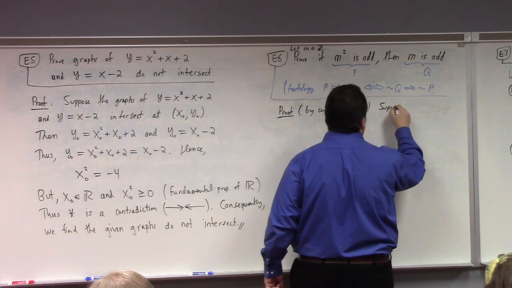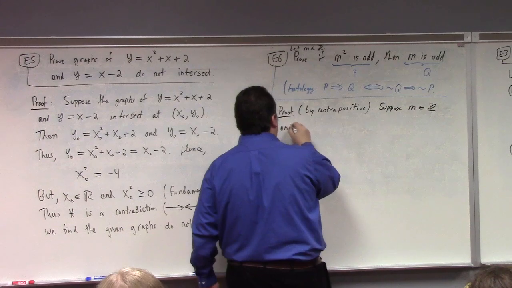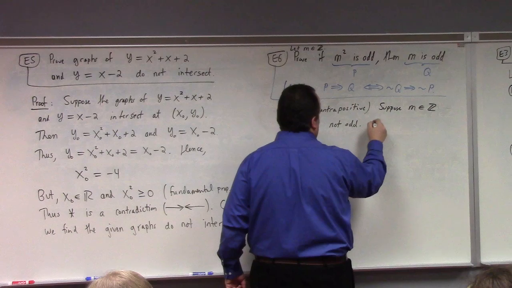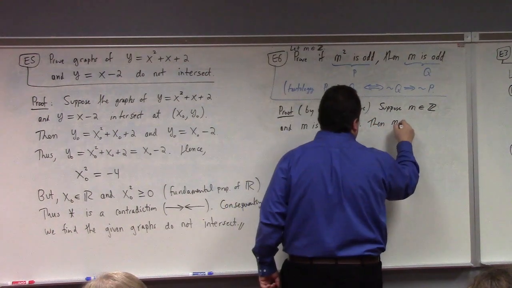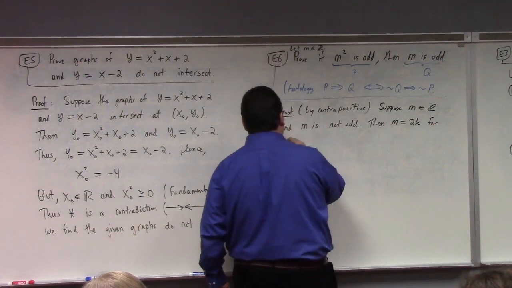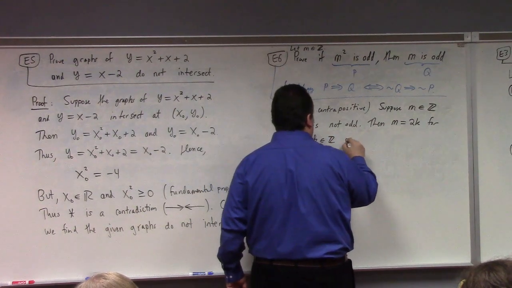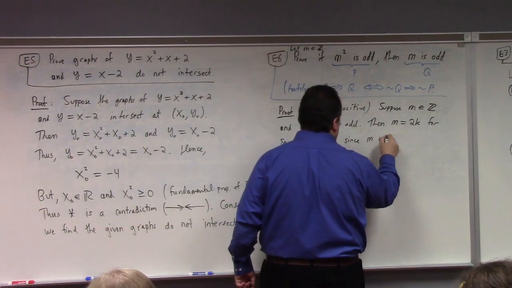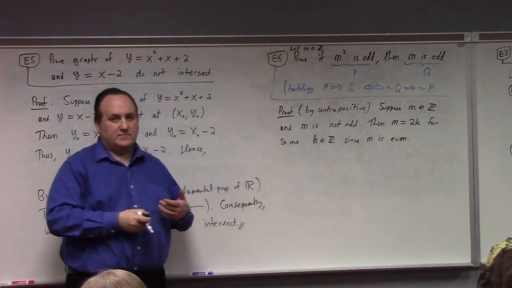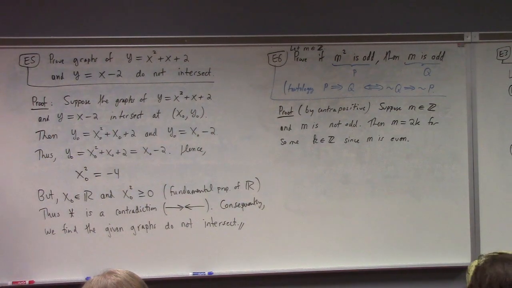So suppose m is an integer and m is not odd, right? Then m is equal to 2k for some k in the integers, since m is even, right? If it's not odd, it's even. We established that today. You can use that, either even or odd.